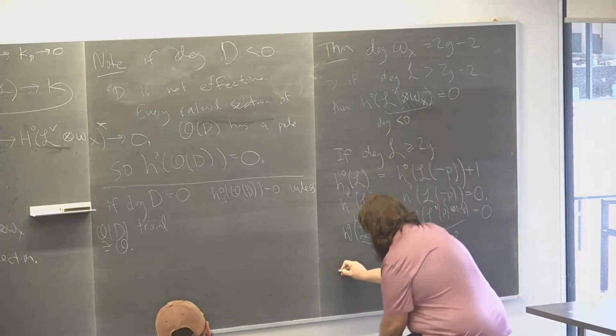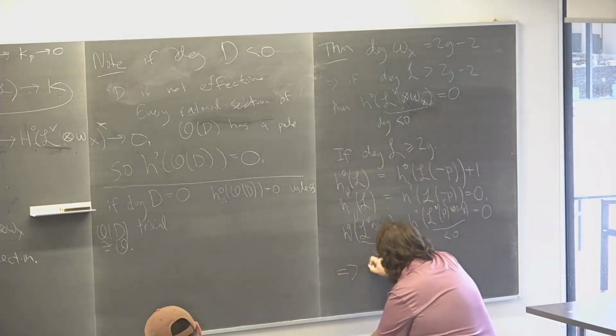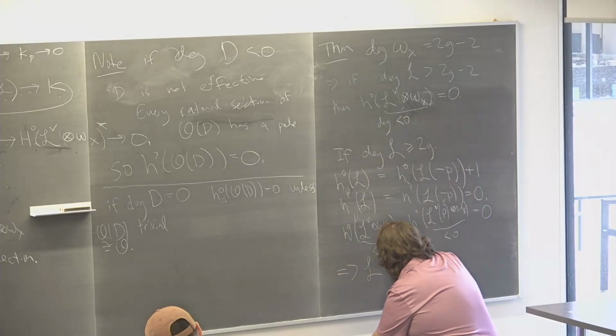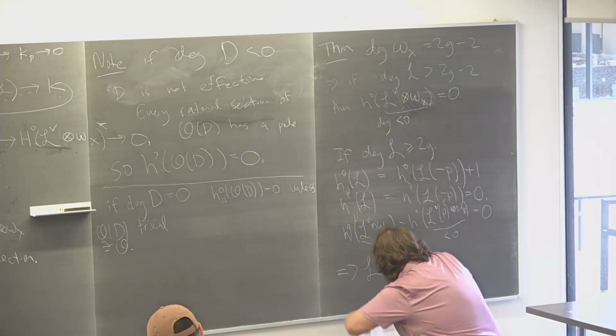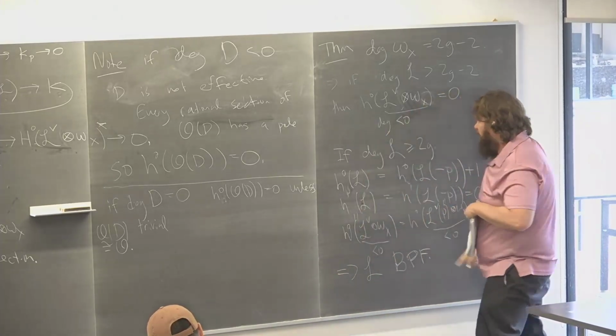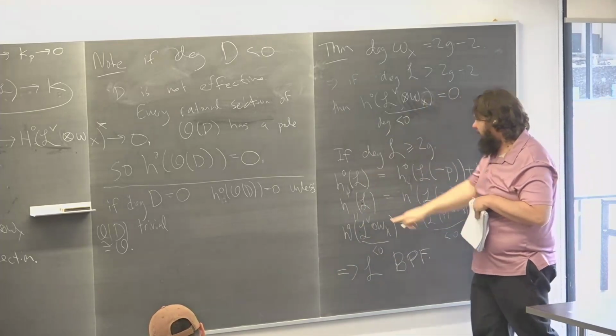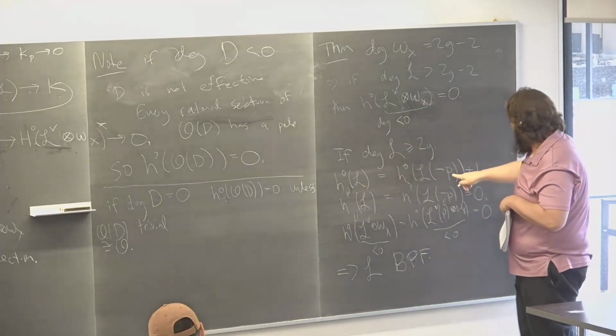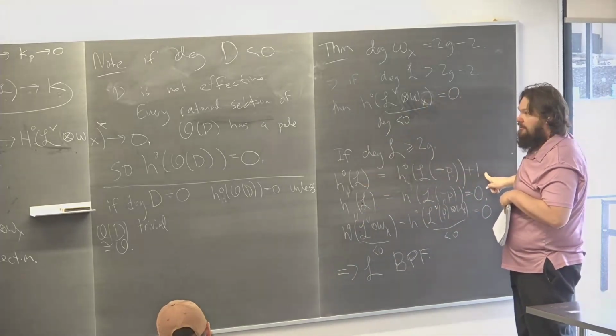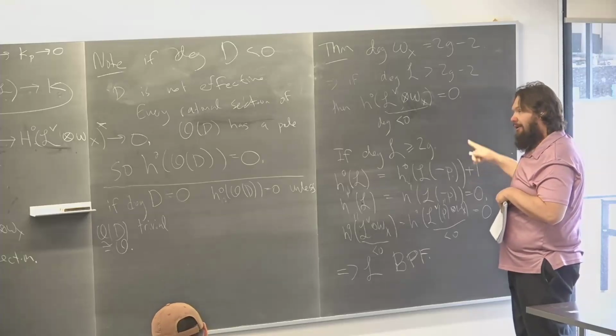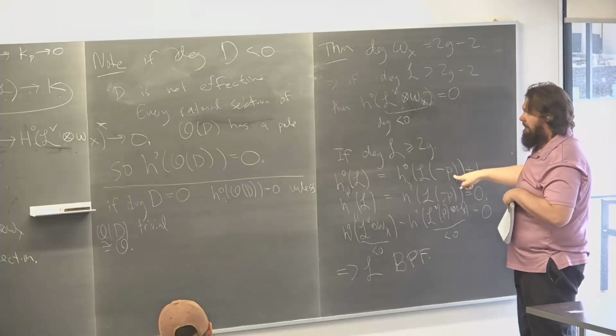Okay, so this implies that L is base point free. This is a criterion for base point freeness we have already seen: if I take L and remove a point, I lose a section. That tells me there's a section of L that doesn't vanish at P.